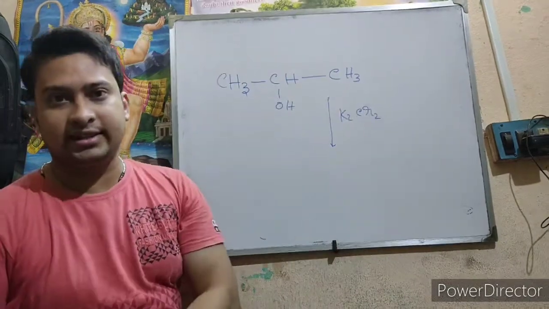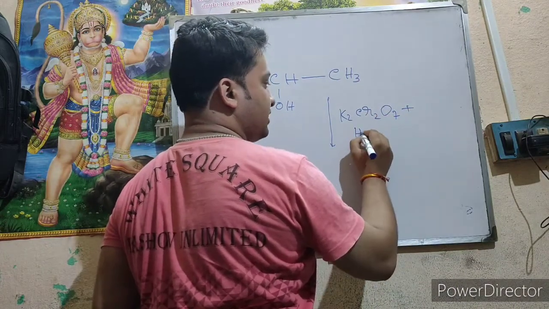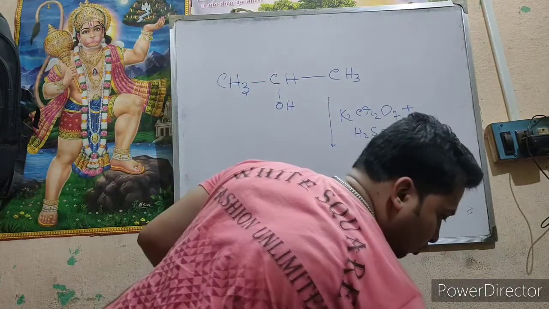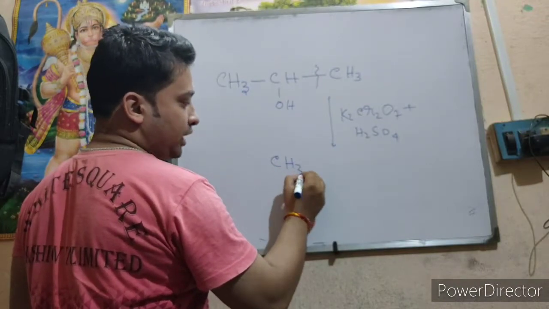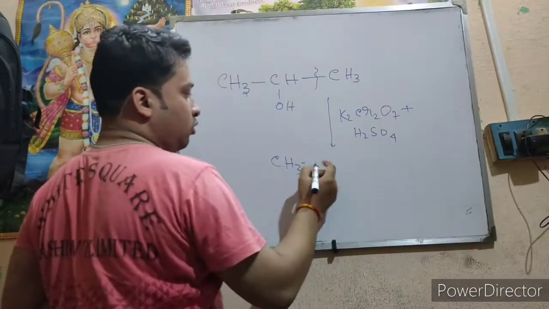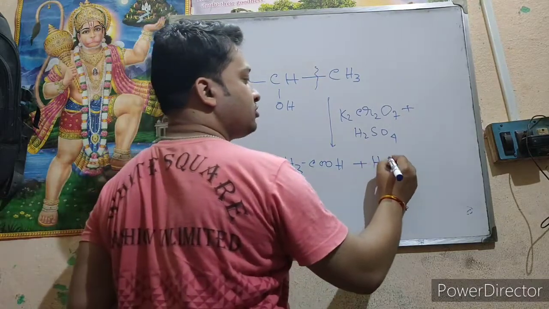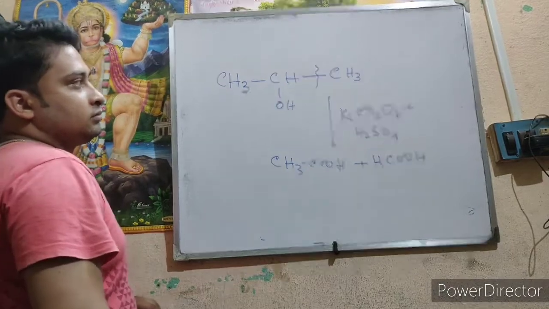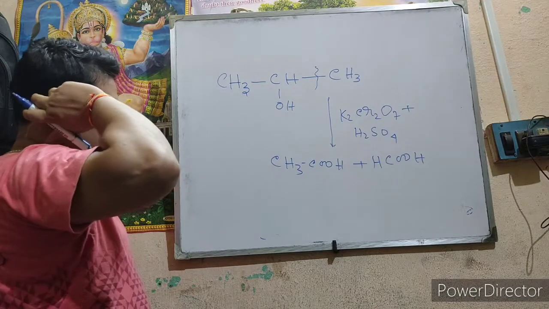K2Cr2O7 is a very good oxidizing reagent. So you use K2Cr2O7 and concentrated H2SO4. You just break this bond, so you get CH3COOH and HCOOH. This group gives you HCOOH and that gives CH3COOH.